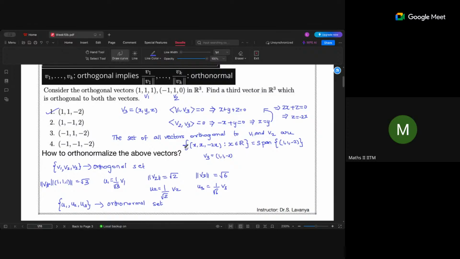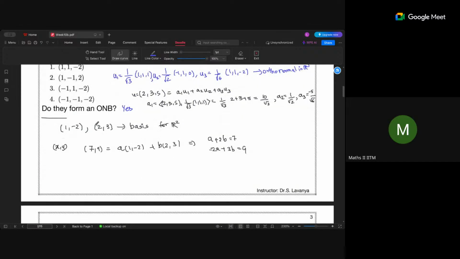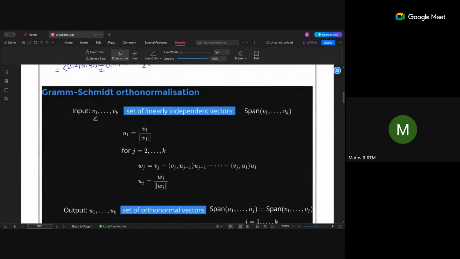But if you don't have an orthogonal set, and you simply have some basis for any vector space or subspace, how can you form an orthogonal basis from the given basis? For that, we have what is called the Gram-Schmidt orthonormalization.